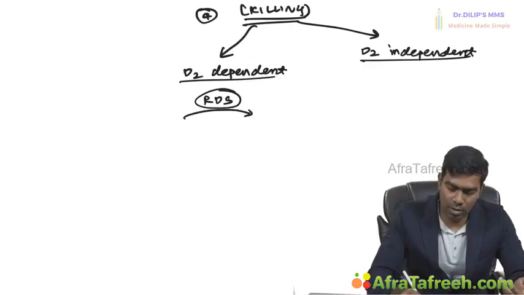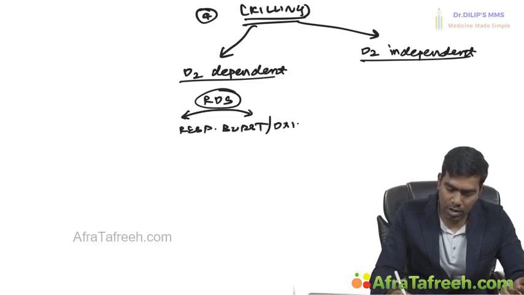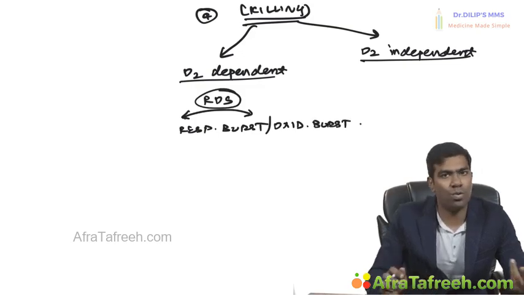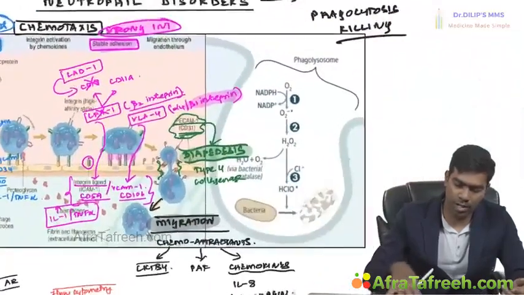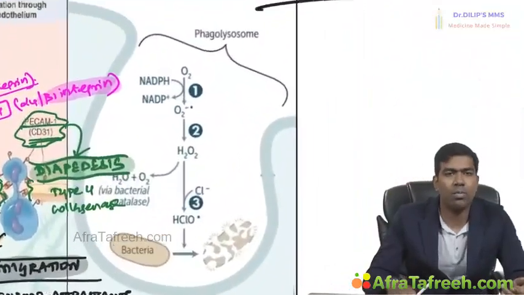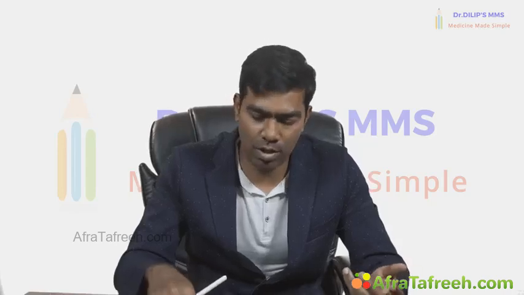That's how they kill the organism within the phagolysosome. This production of reactive oxygen species is also referred to as respiratory burst, or otherwise oxidative burst. So how do you generate a respiratory burst and oxidative burst? Let us go back to the original first diagram, where I mentioned the respiratory burst as well as the oxidative burst.